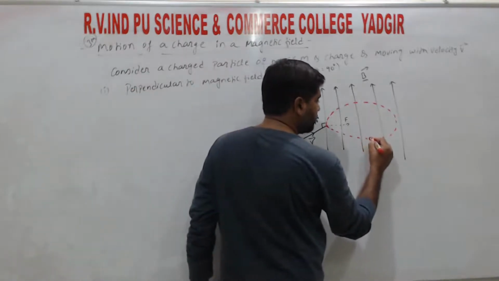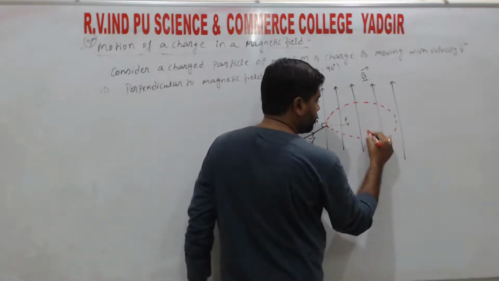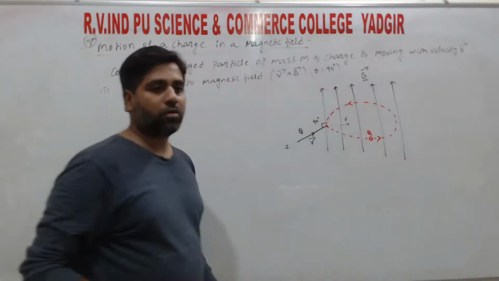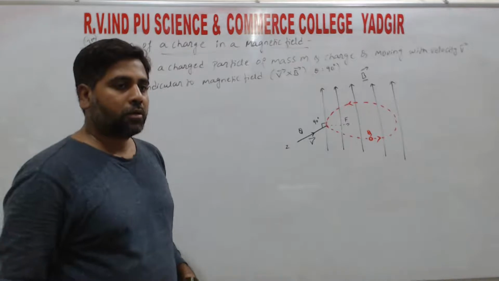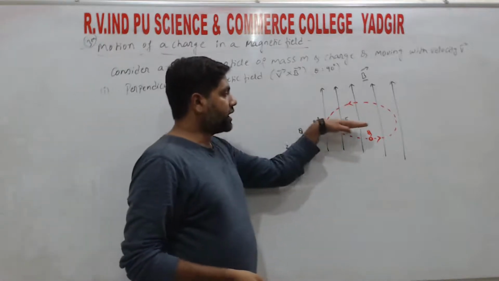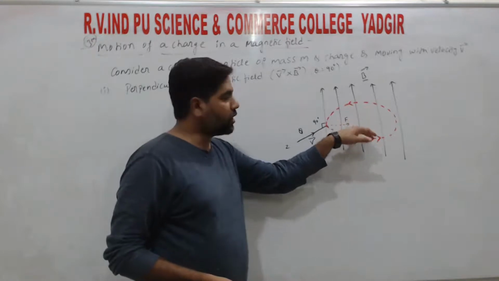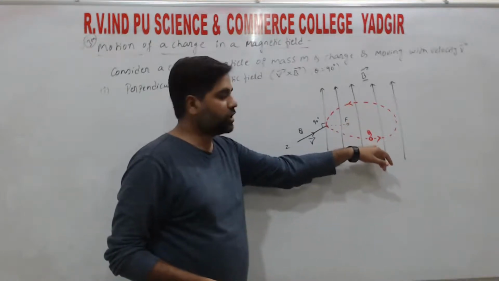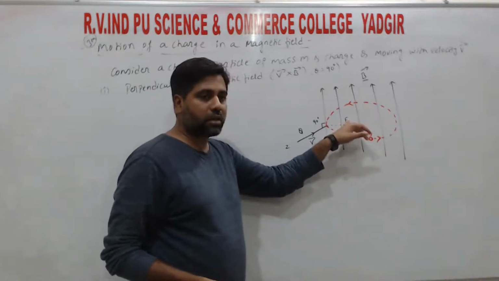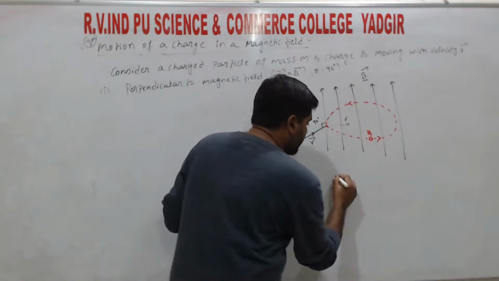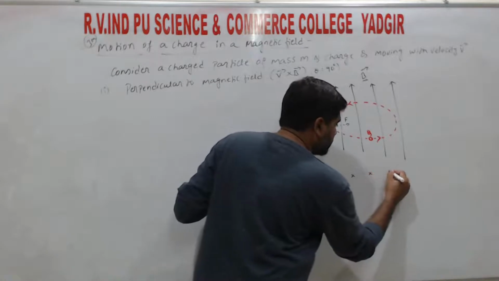If you consider this one as the charge Q, it follows the circular path, right? Because the force is acting along the x-axis, this force acts as a centripetal force for this charge. So this again we can represent in this form.